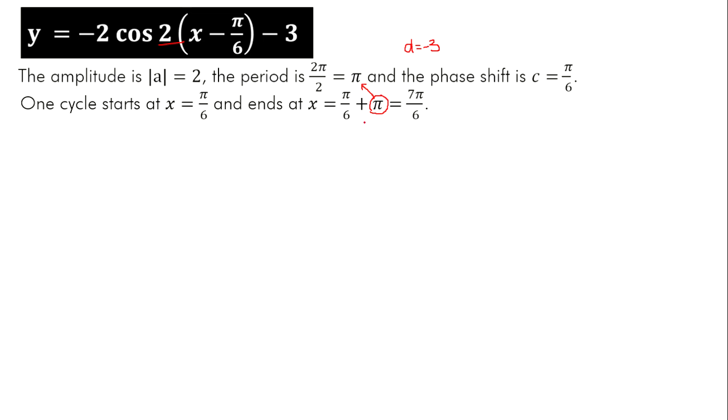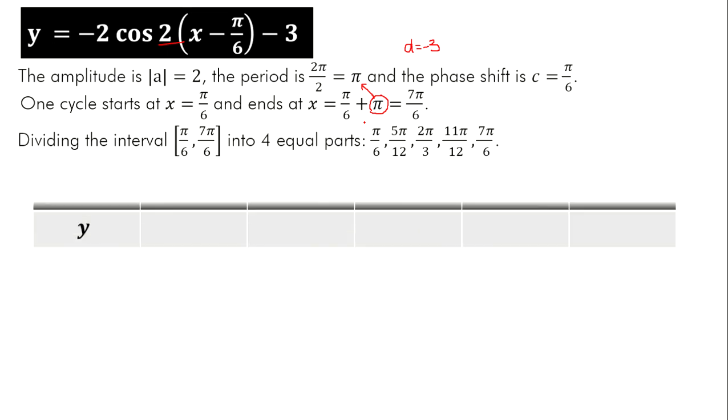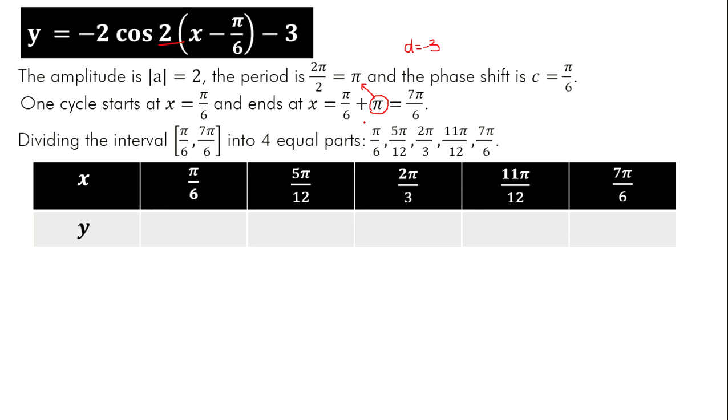Then after that, we're going to divide it again into 4 equal parts. That pi over 6 to 7 pi over 6 is pi over 6, 5 pi over 12, 2 pi over 3, 11 pi over 12, 7 pi over 6. Then again, we're going to substitute the value of x here.